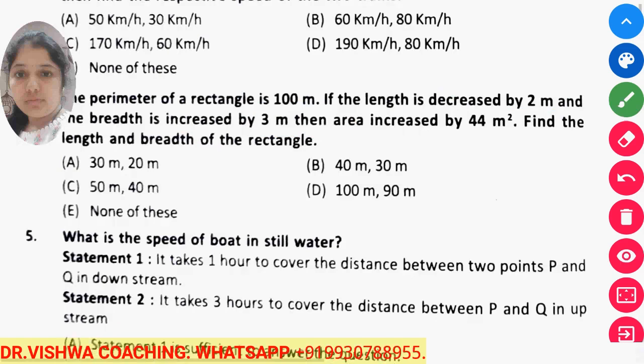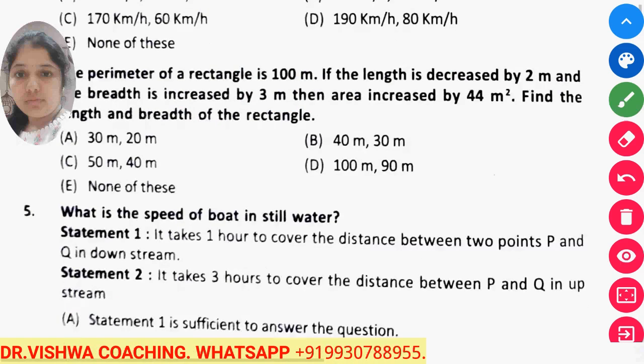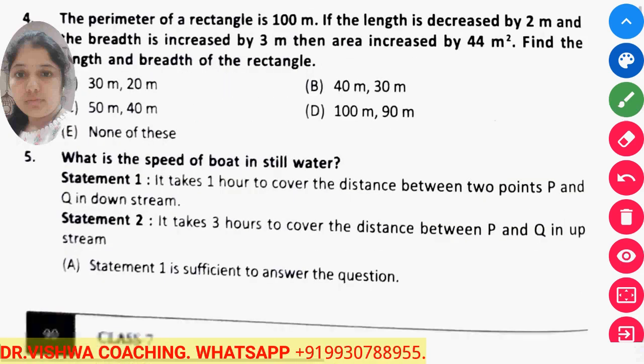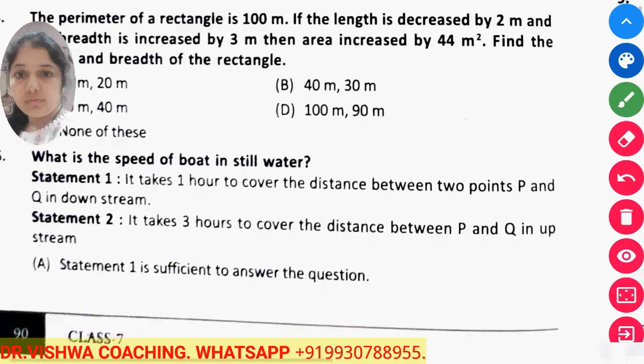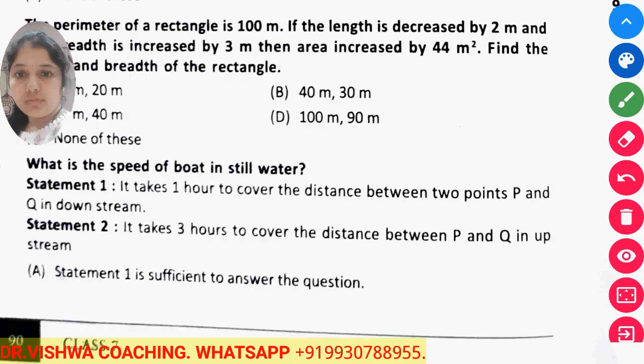Now see, what is the speed of the boat in still water? Statement 1 says it takes 1 hour to cover the distance between 2 points P and Q in downstream. It takes 3 hours to cover the distance between P and Q in upstream. So we have to find the speed of the boat.